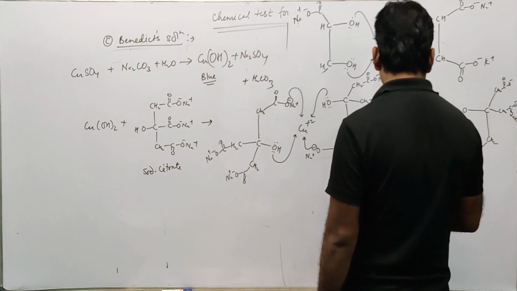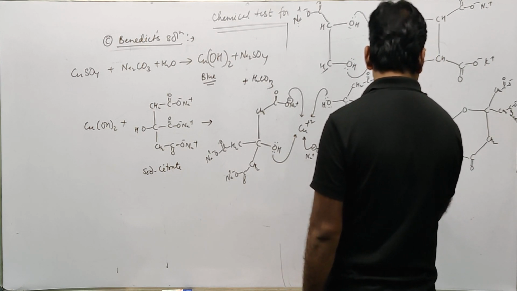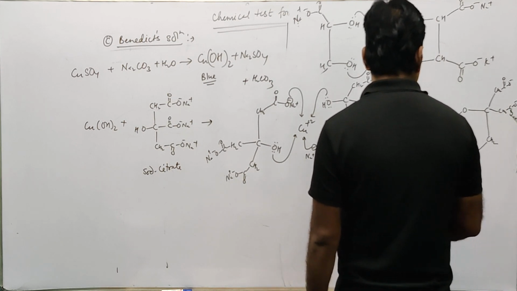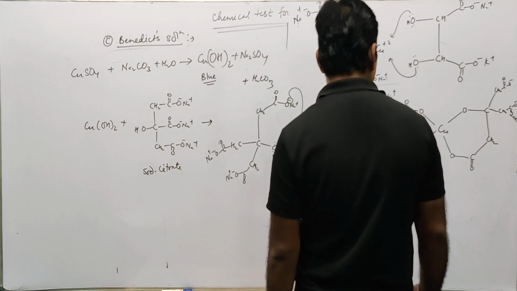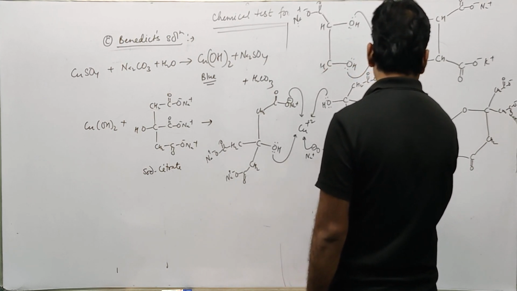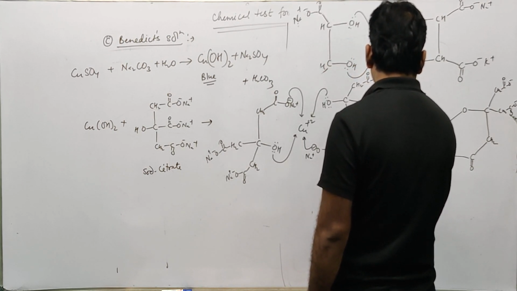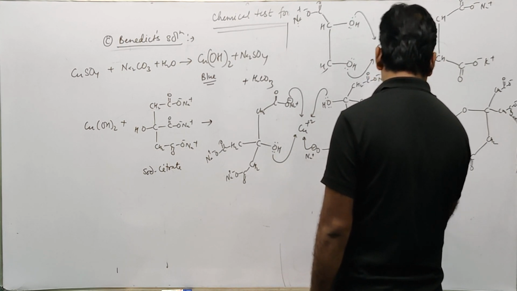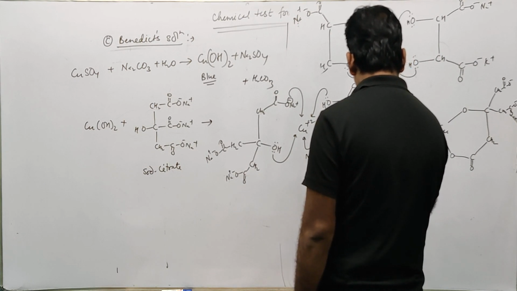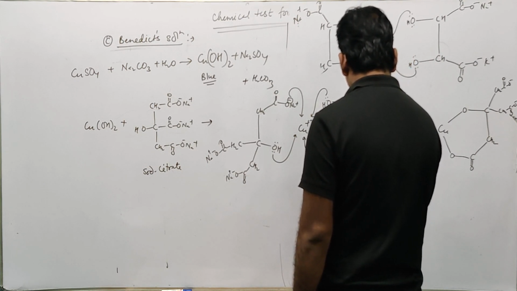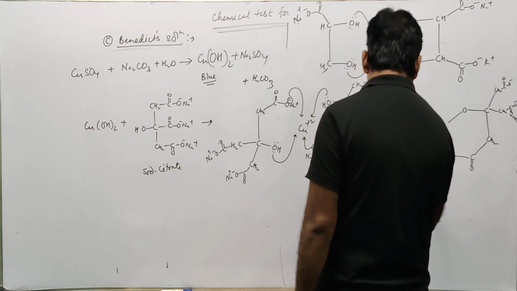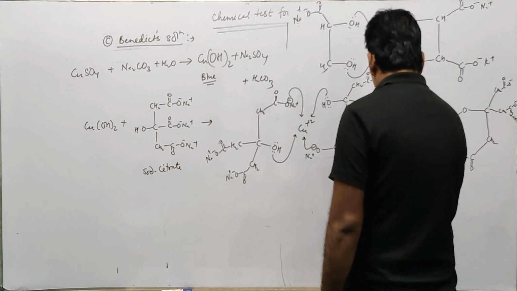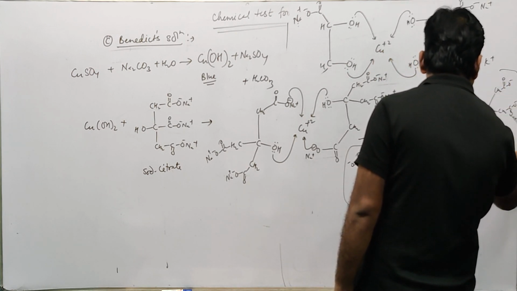This carbon is attached with another carbon, CH2 in fact, and this is attached with this oxygen having 2 CH2 CO minus. This is cupric citrate.